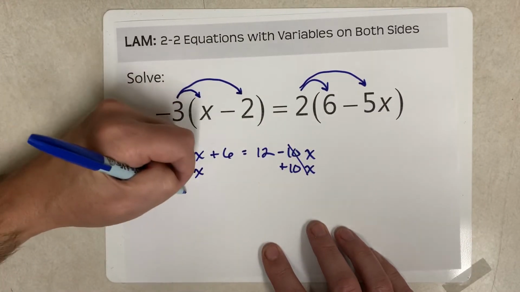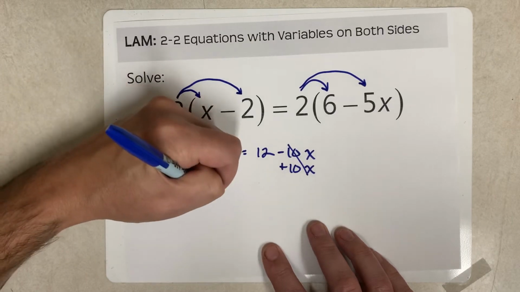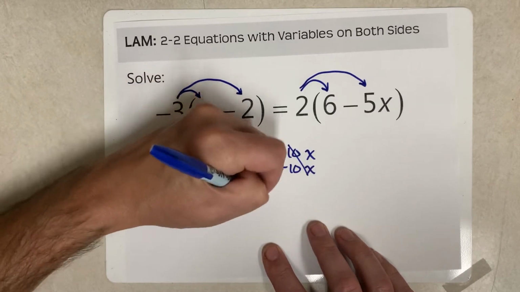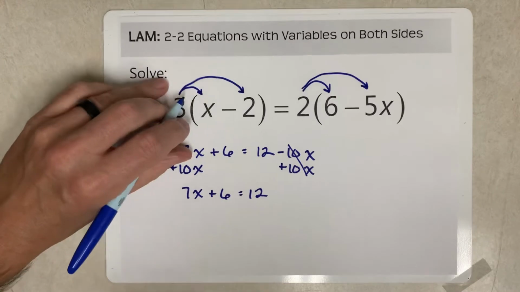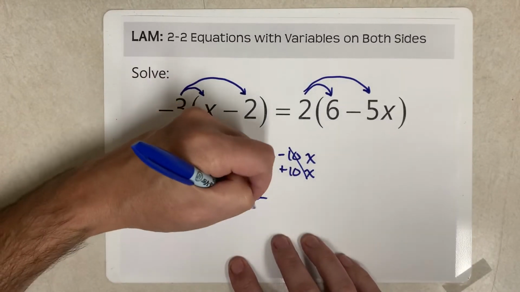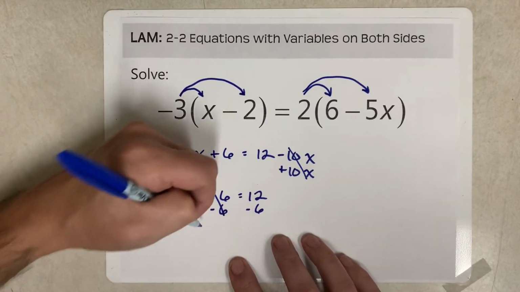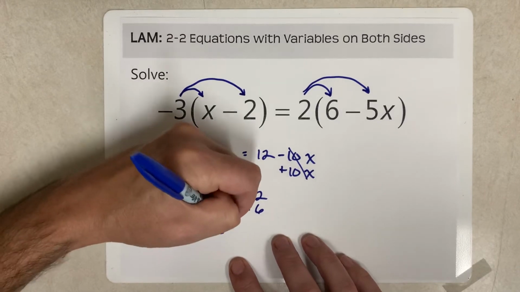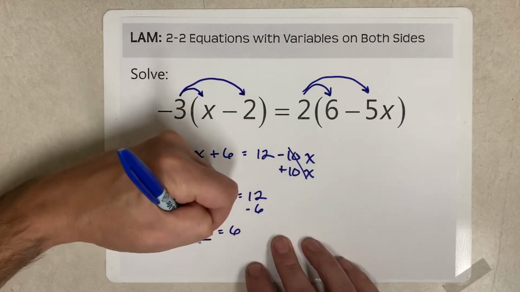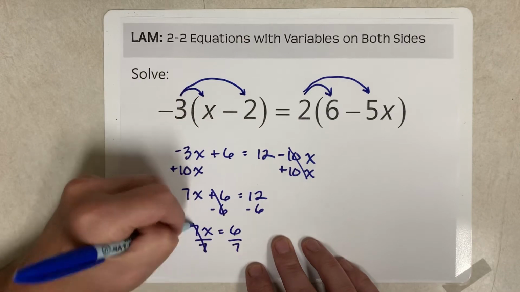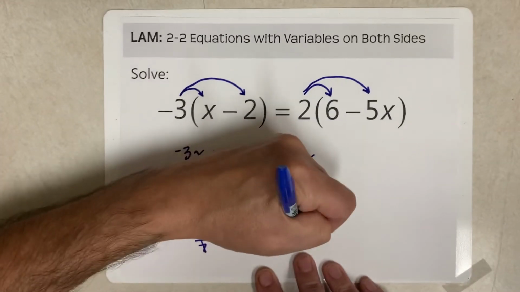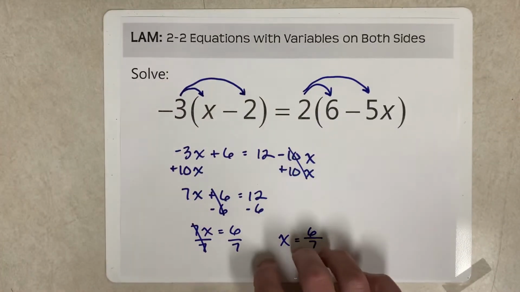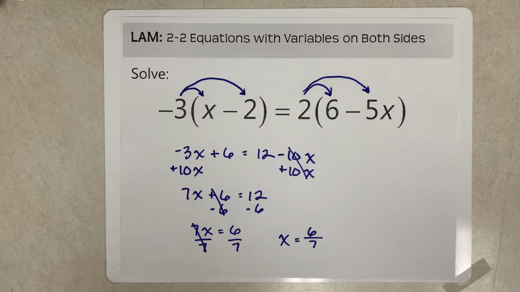Let's cancel out. 7x plus 6 is equal to 12. Two-step equation. Subtract 6. Subtract 6. 7x is equal to 6. Divide by 7. And x is equal to 6 over 7. And that one's done.